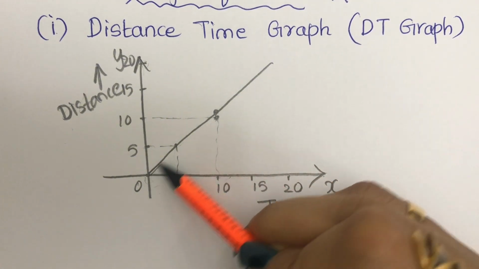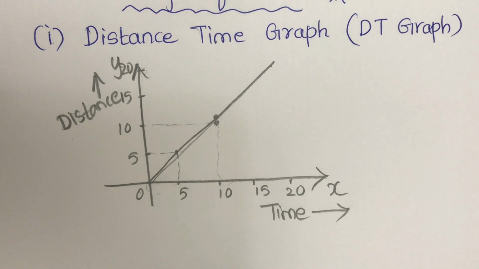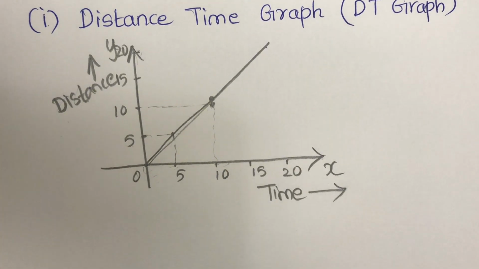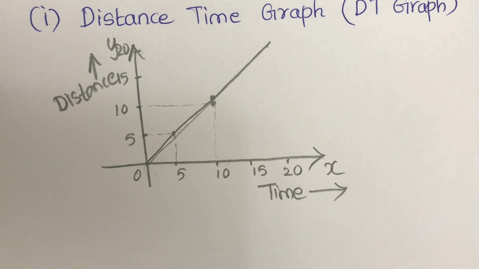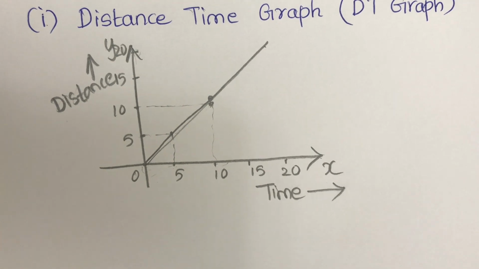Now it is not showing a straight line because I'm drawing it freehand. If you use your ruler, then you will get a straight line. So during a uniform motion, when an object is moving at a uniform speed, what does uniform speed mean?